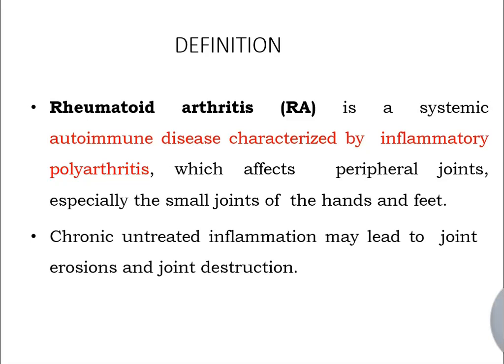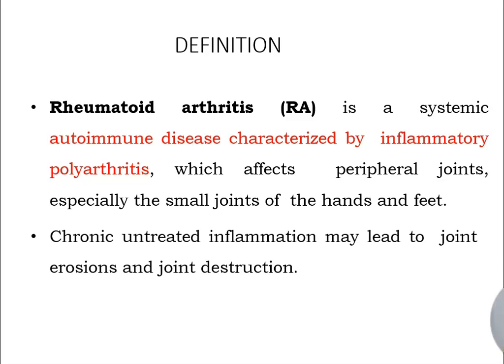Generally, rheumatoid arthritis in short form we represent as RA. It is a systemic autoimmune disease characterized by inflammatory polyarthritis. It usually affects peripheral joints, especially the small joints of the hand and feet.